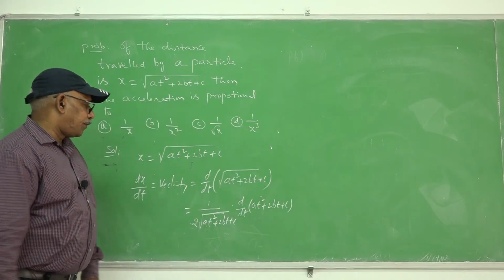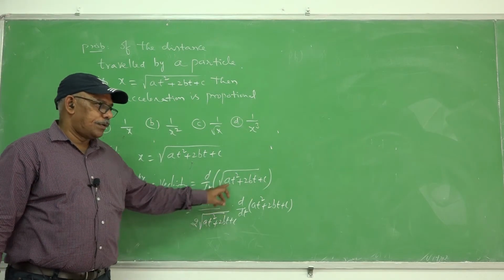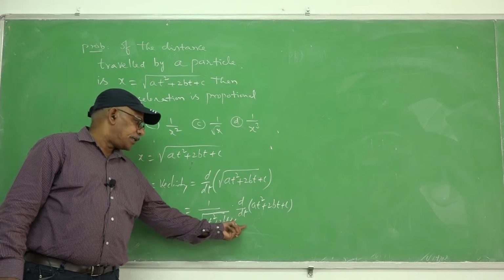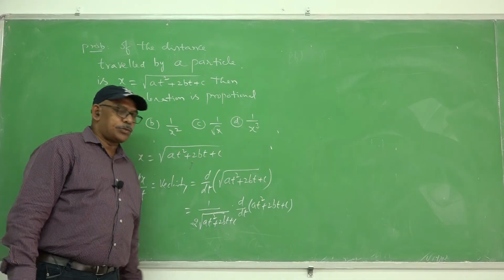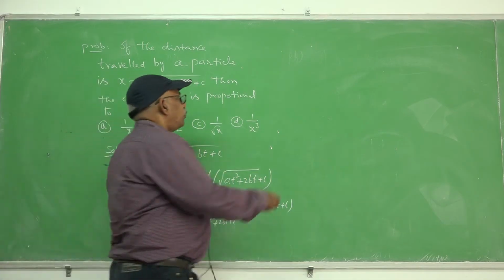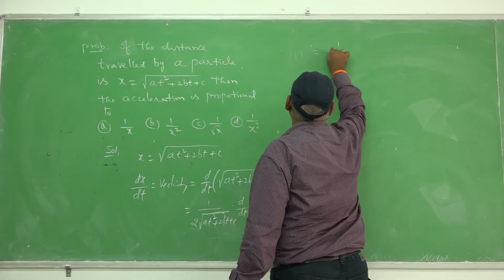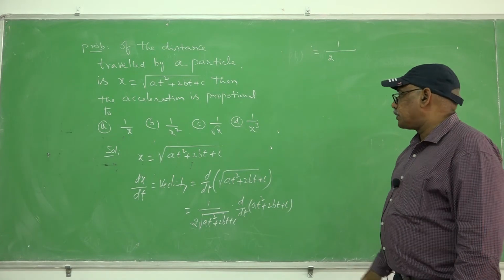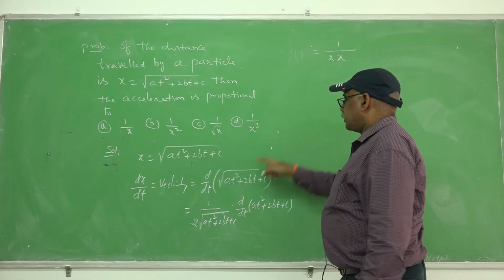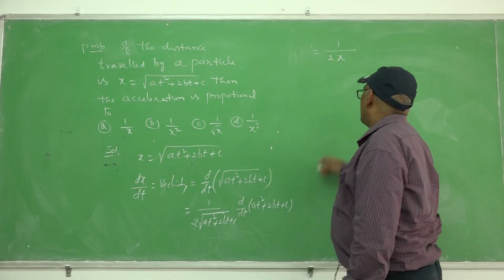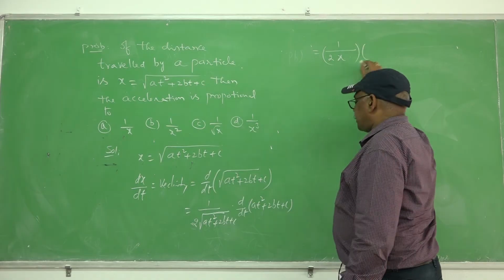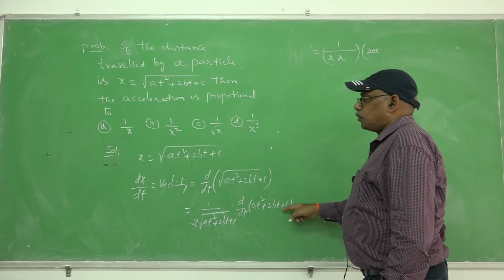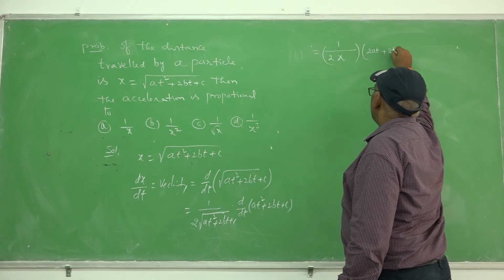That equals 1 by 2 into square root of at square plus 2bt plus c, which is x again, into the derivative of at square plus 2bt plus c.